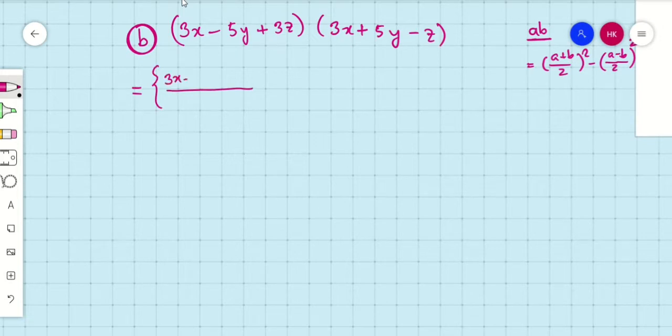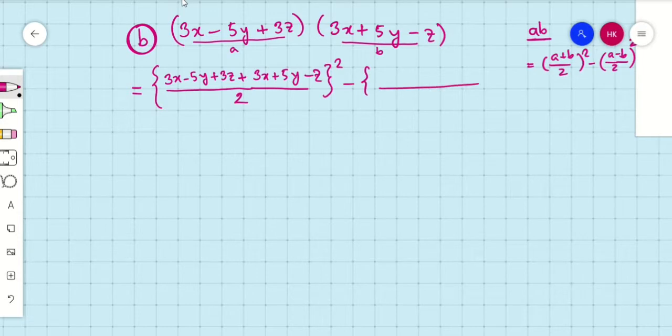The 3x minus 5y plus 3z, this total expression is my A, and this total expression is my B. So (A plus B) divided by 2 whole square minus (this 3x minus 5y plus 3z minus, and then bracket 3x plus 5y minus z, and then bracket close) by 2, and then square.